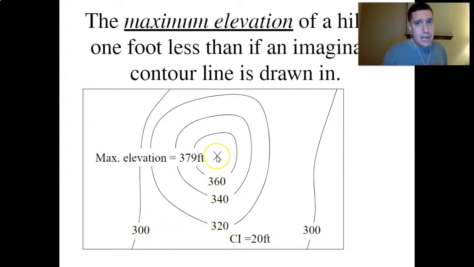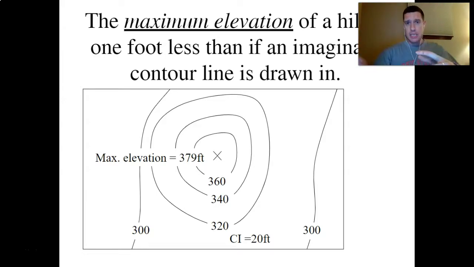This is not 380, right? If it was 380, there'd be another line drawn in there because this contour interval tells us that every 20 feet gets a new line. So this can't be 380. But the highest it could be without getting to 380 is 1 foot less than 380, or 379.